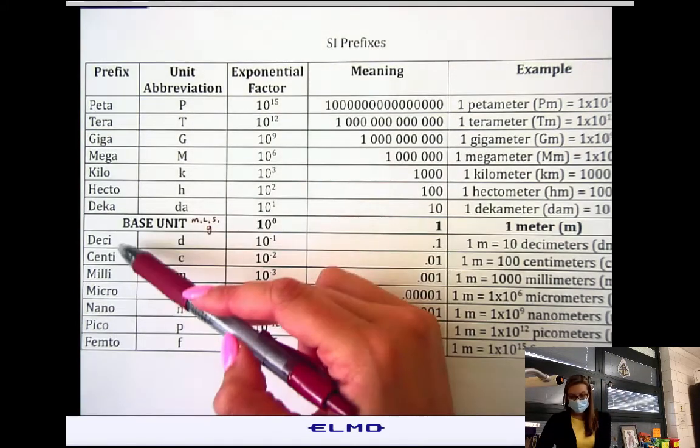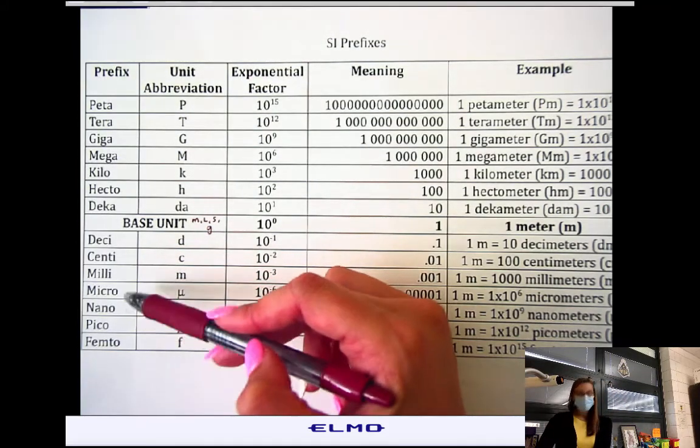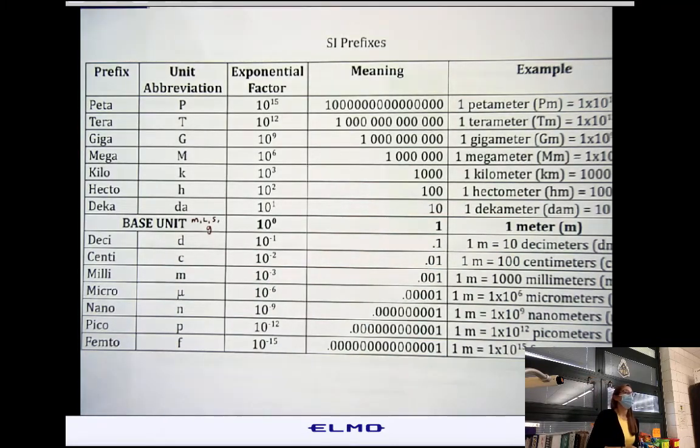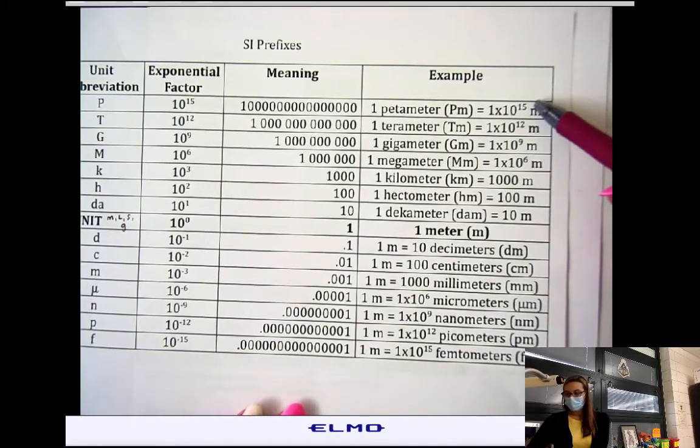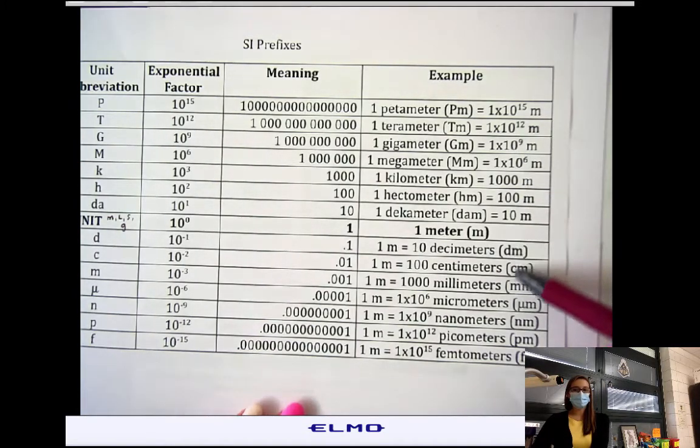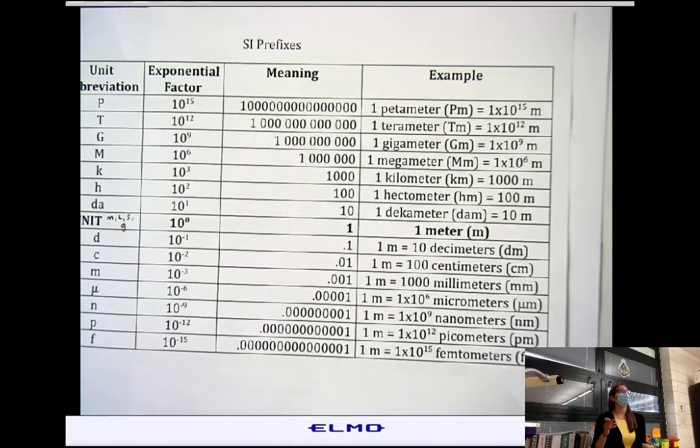Or we could go down, deci, centi, milli, micro. Those are really small units. If you notice off to the side here, we have the conversion factor. Now this is using meters, but you could plug in any other base unit: seconds, grams, liters, and it gives you the conversion factor over here.